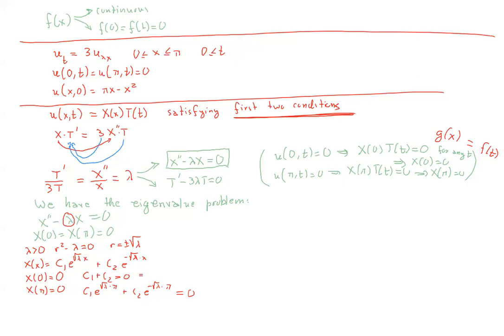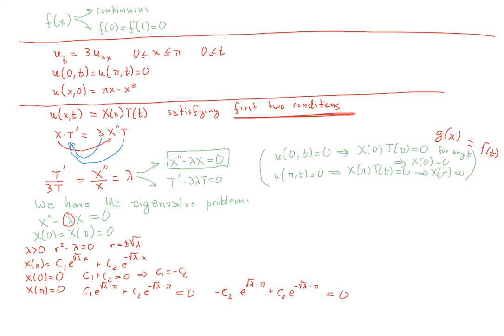The first equation tells you that c1 and c2 are opposite of each other. And when I plug this into the second equation, what I get is minus c2 times e to the square root of lambda times pi plus c2 e to the negative square root of lambda times pi equal to 0.